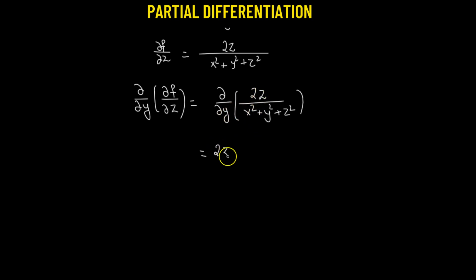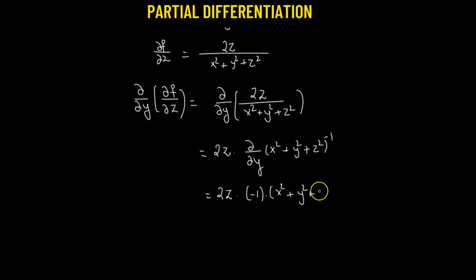So we have 2 times z multiplied by partial with respect to y of x squared plus y squared plus z squared raised to the power of -1. All we have done is taken the expression in the denominator to the numerator so that we can easily apply the power rule. So that means we now have -1 times x squared plus y squared plus z squared raised to the power of -1 minus 1, multiplied by partial with respect to y of the inner expression within the parenthesis, which is applied as a result of the chain rule.